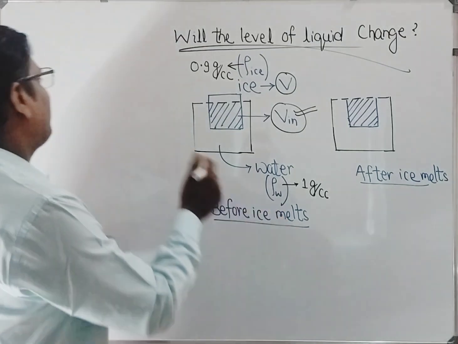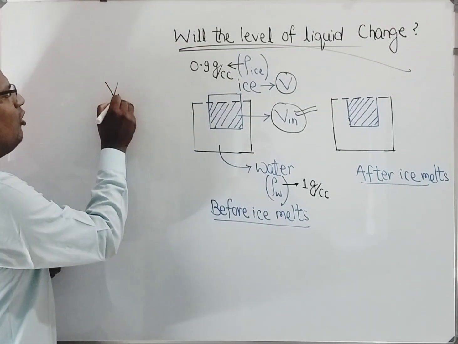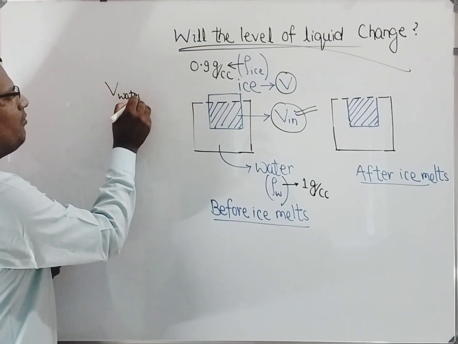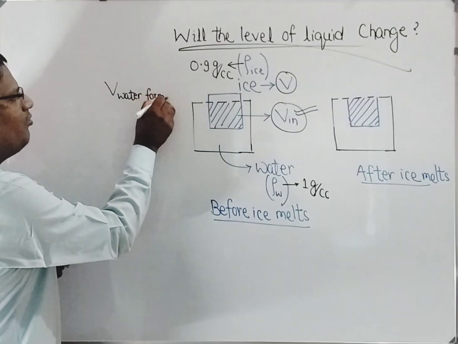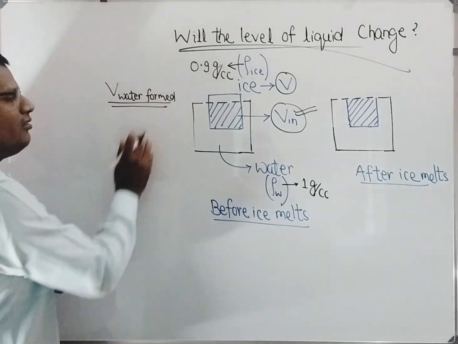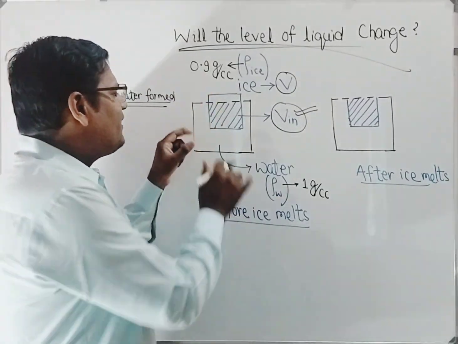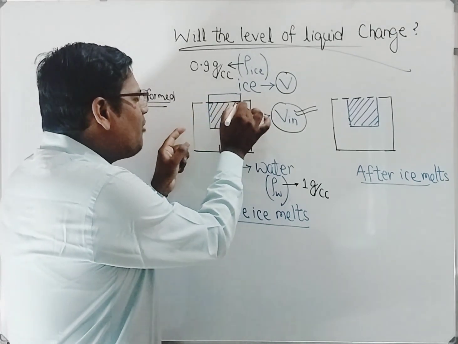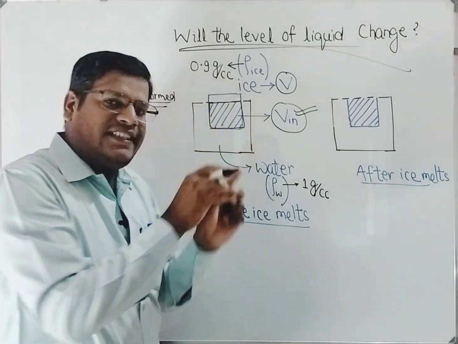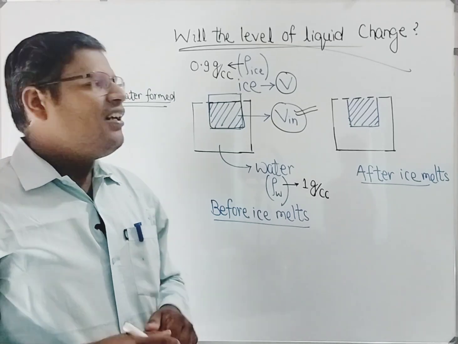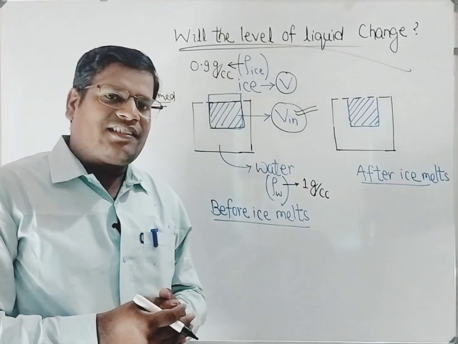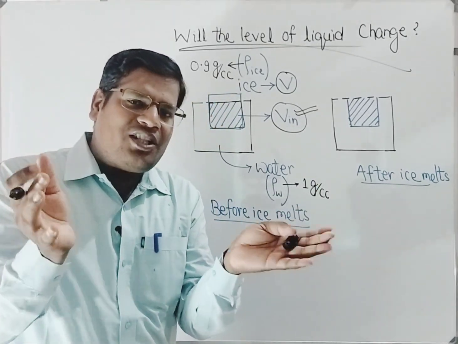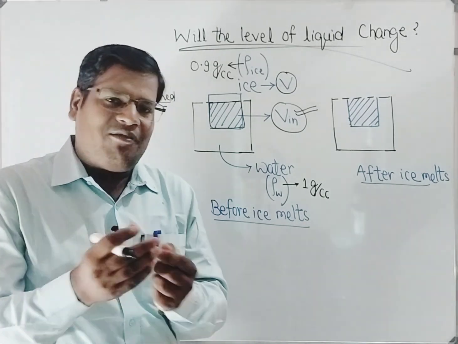So we should calculate the volume of water formed. The ice is occupying this much space inside the given liquid. After this ice melts, how much water will it form?